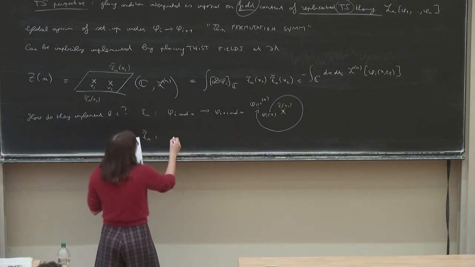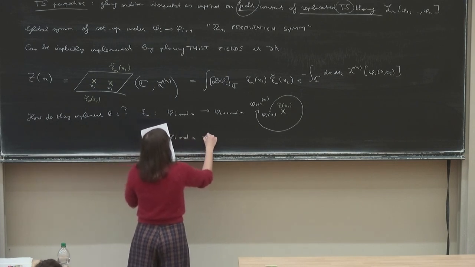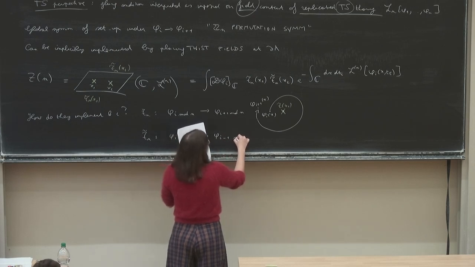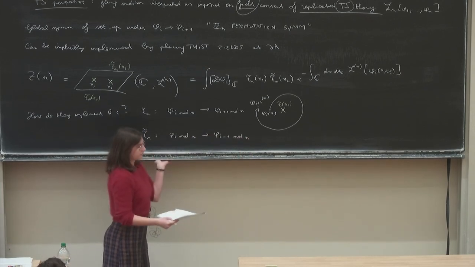And the other one is an anti-twist field, which transforms you to the i minus 1, the previous phi.